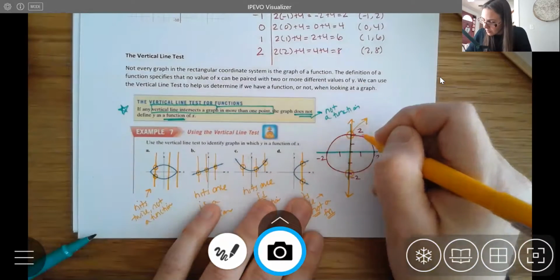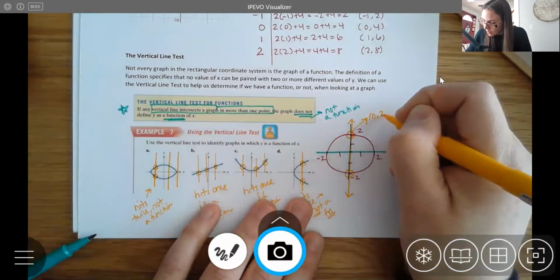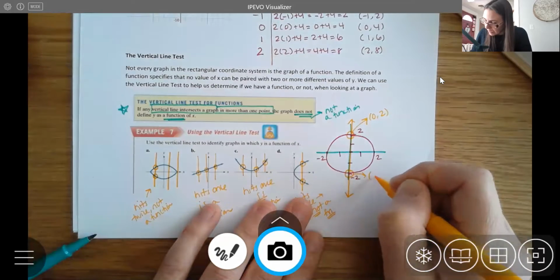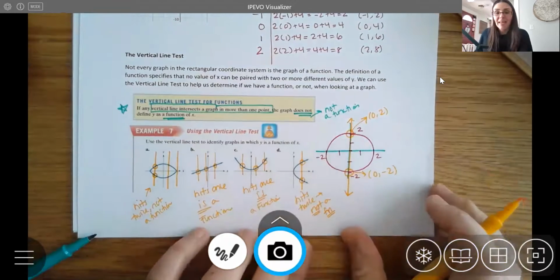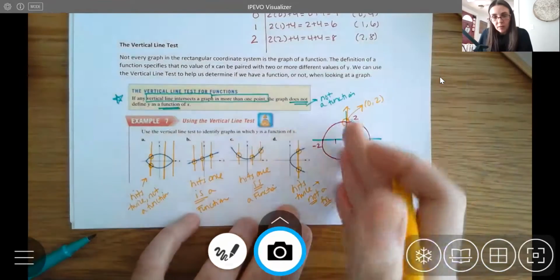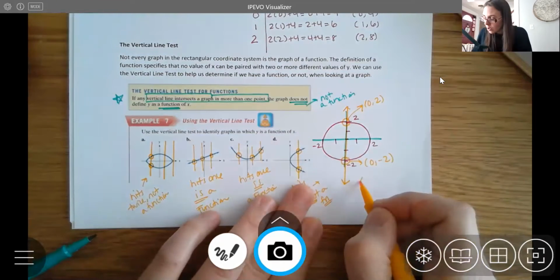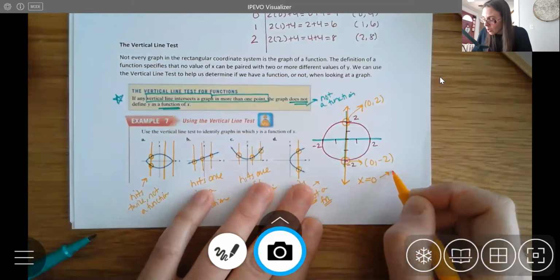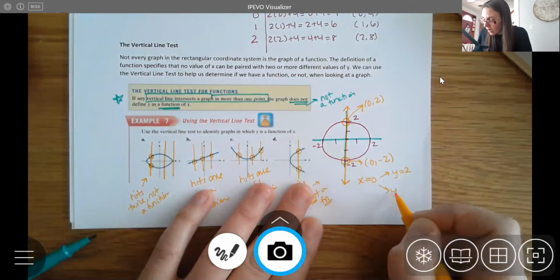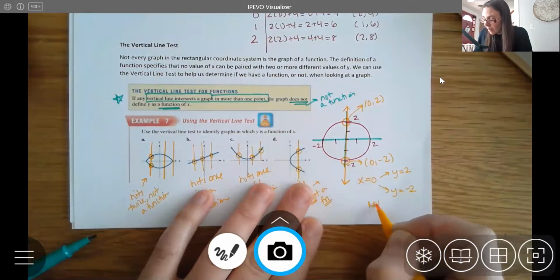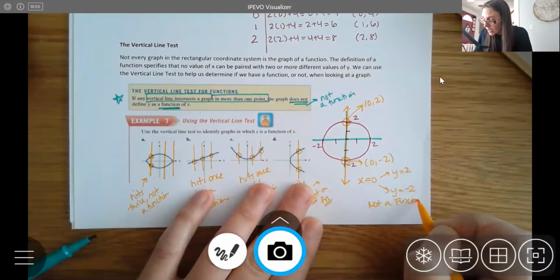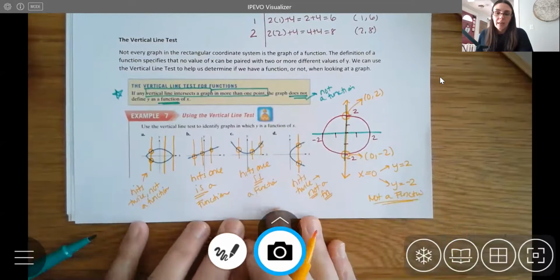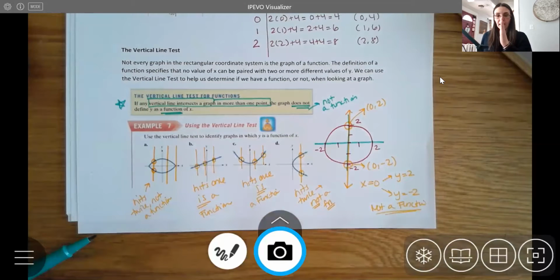This point here has an x value of 0 and a y value of 2. And this point has an x value of 0 and a y value of -2. So when you hit twice on a vertical line, you're showing that one x value goes to two different y values. And that's why it's not a function. Okay. So that's why the vertical line test works. It's because specifically on that vertical line, you have that same x value at two different y values. So it's failing that test, so it's not a function.